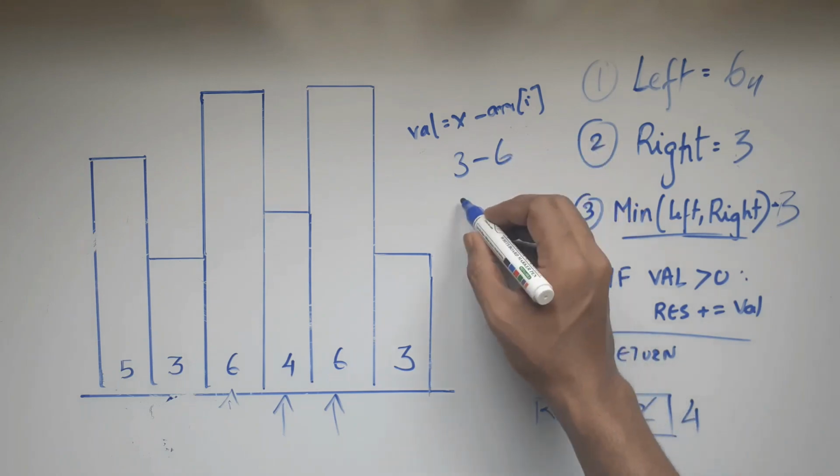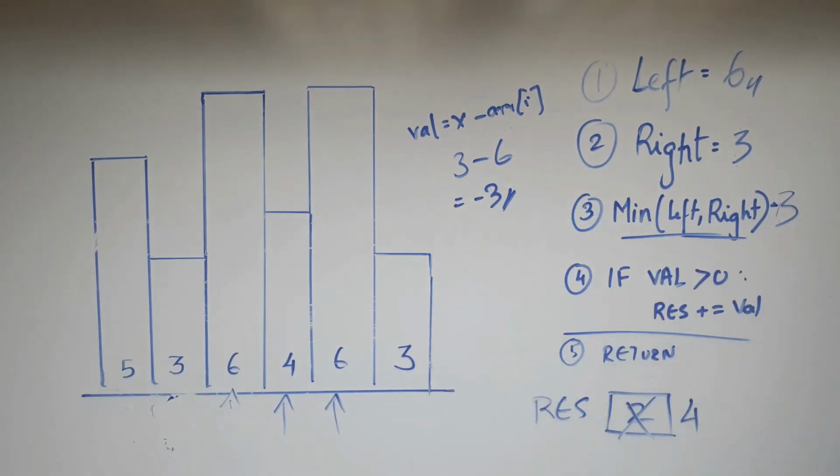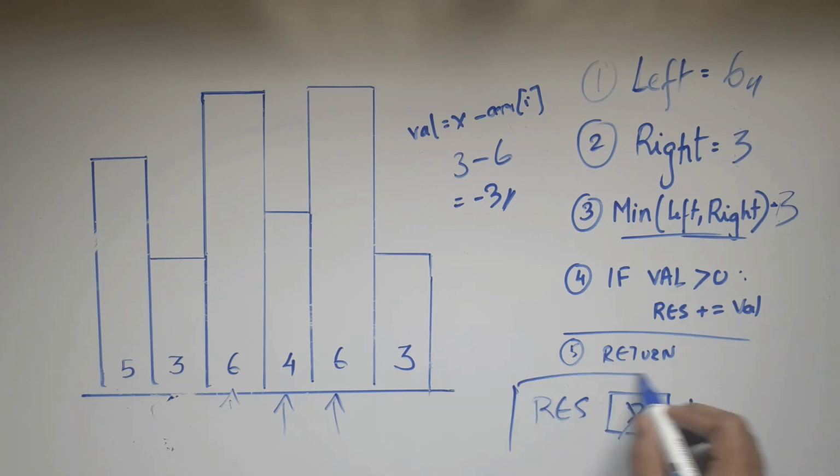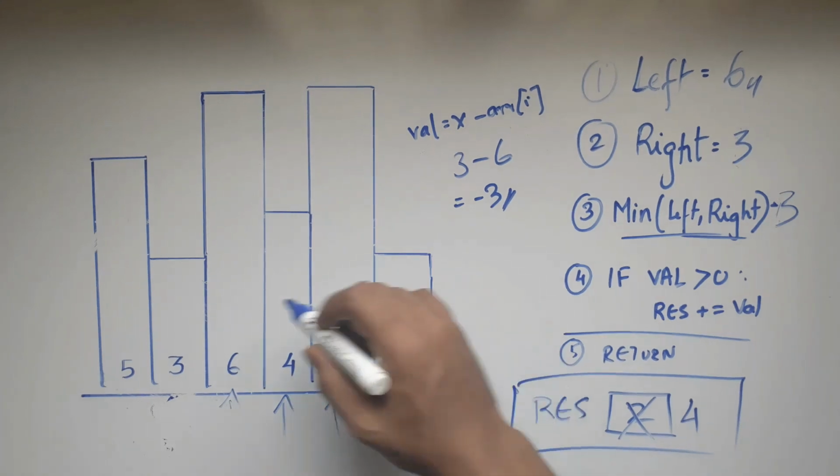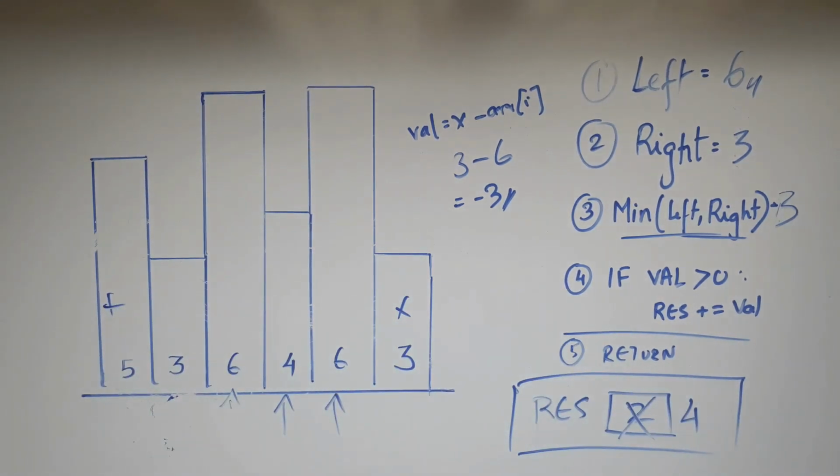Array value is 6, which we will get minus 3. So is it greater than 0? No. So result will be retained. So after crossing this, borders will not be involved. So borders we will not include in our computation. So we'll stop here.